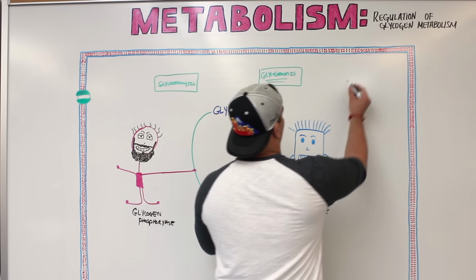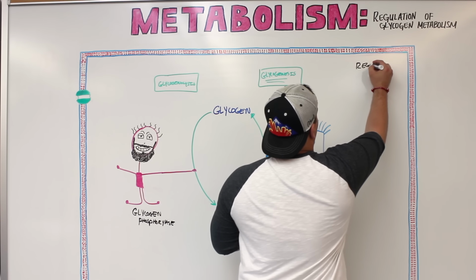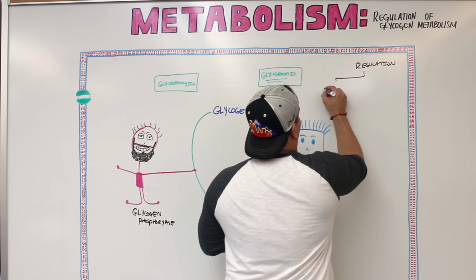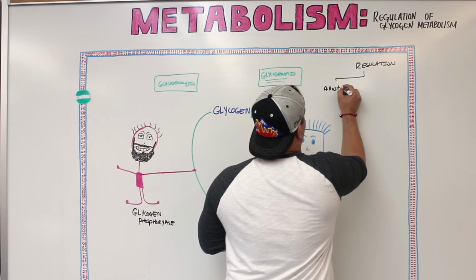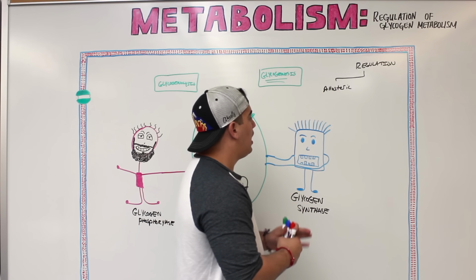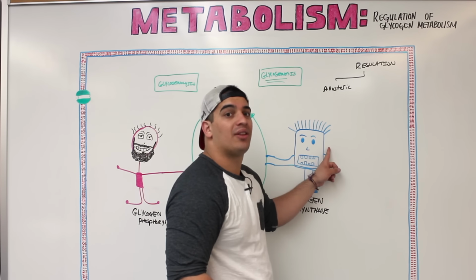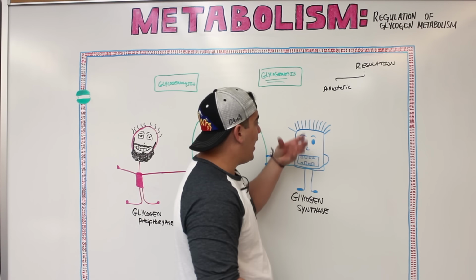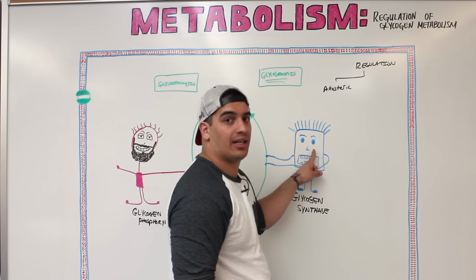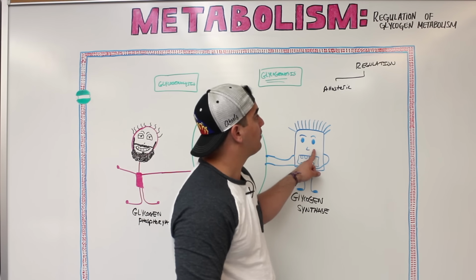One type is allosteric regulation. In other words, this molecule binds to some other site other than the active site, and it changes the overall three-dimensional structure of that molecule, whether it either activates it or deactivates it. It depends on the molecule.